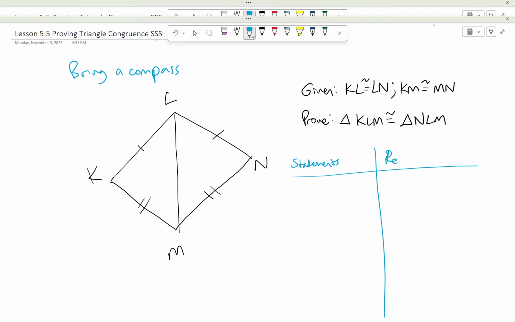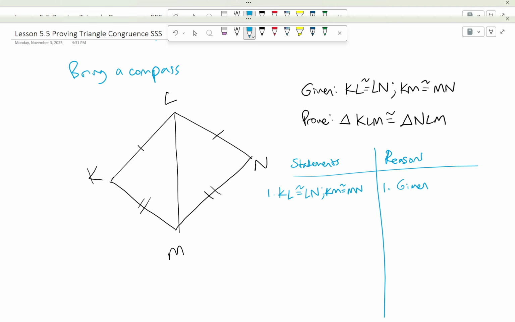In all of the quizzes that I've graded, I've seen students at least set this up and get that first step down: KL congruent to LN, KM congruent to MN. That's our given. Now what we need to do is our burden of proof.